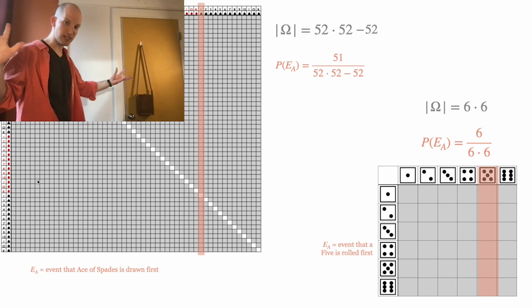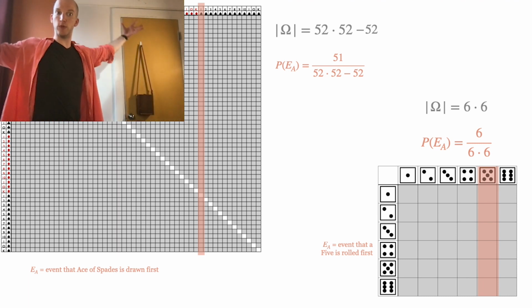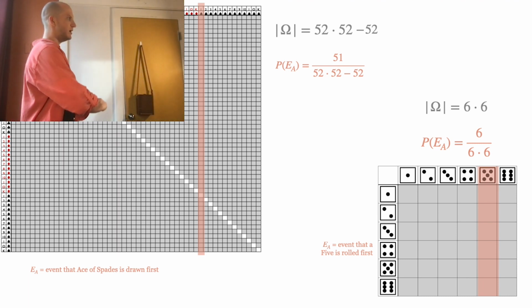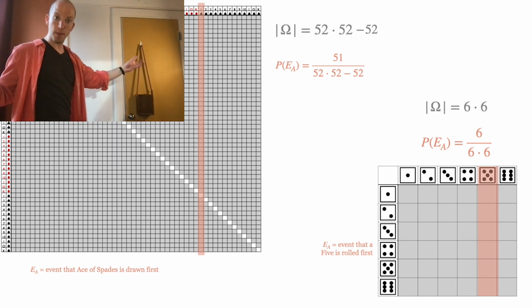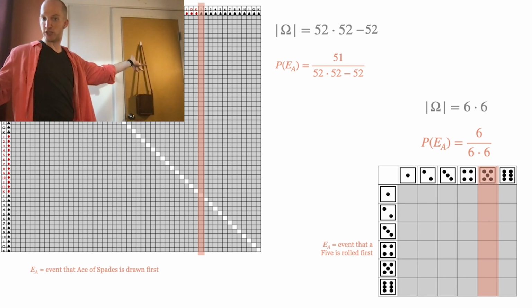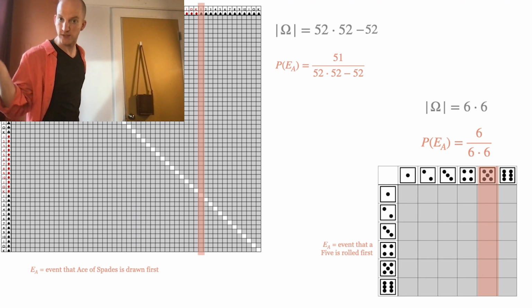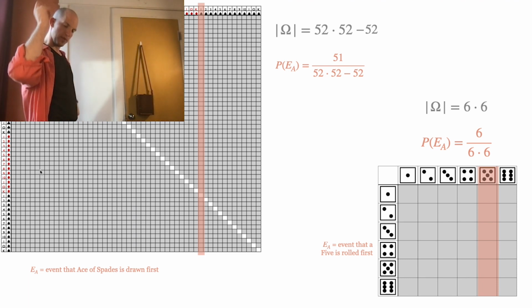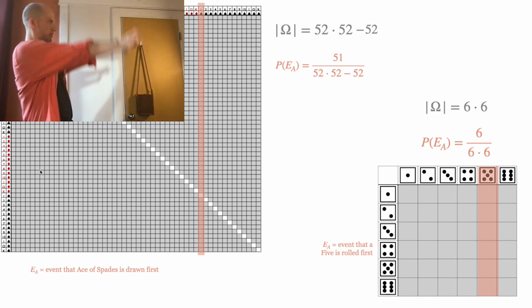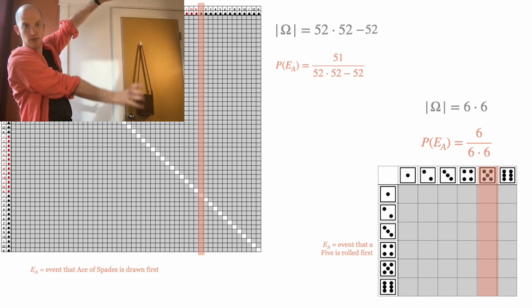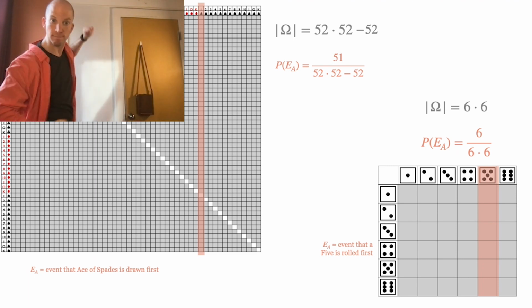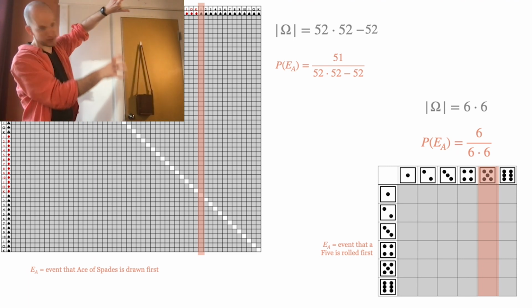So with this size of, well, universe of outcomes, I can now start measuring up the probabilities of the events I'm interested in. In this case, drawing an ace of spades. Well, the probability of drawing an ace of spades on my first card, those are all of the hands in that red column. And there's 51 possible hands in there.